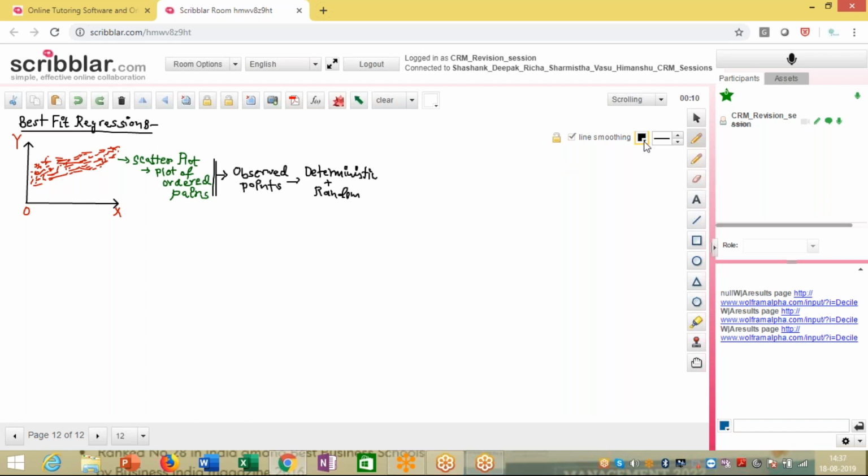And out of this deterministic and the random term, the deterministic is predicted, and this is unpredicted.